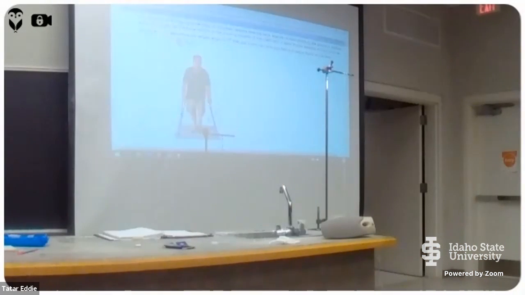So this problem seems quite challenging. Let's see how it's going to go. Problem 22 from the homework.